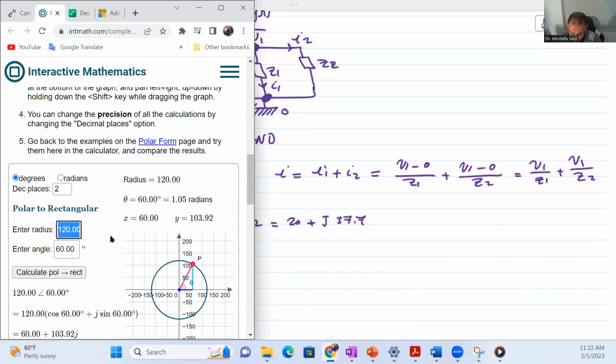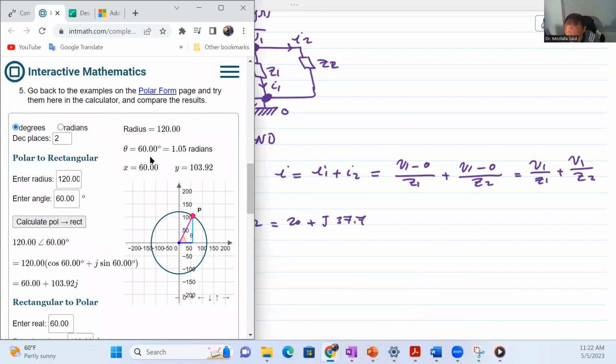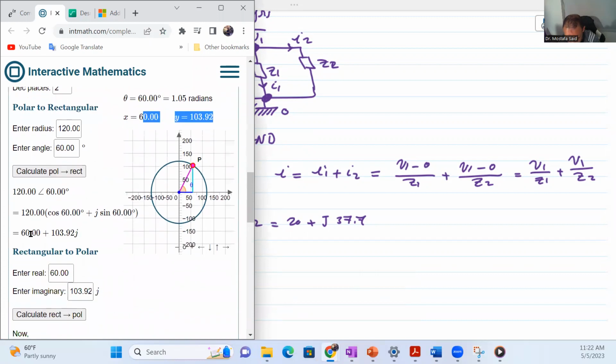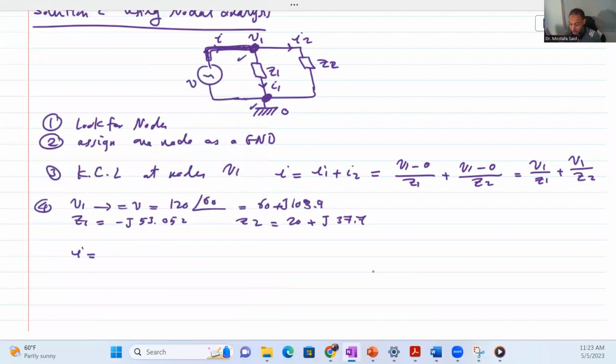Enter the radius, which is 120, and the angle is 60. We convert, and it is 60 plus J 103.9. Good.